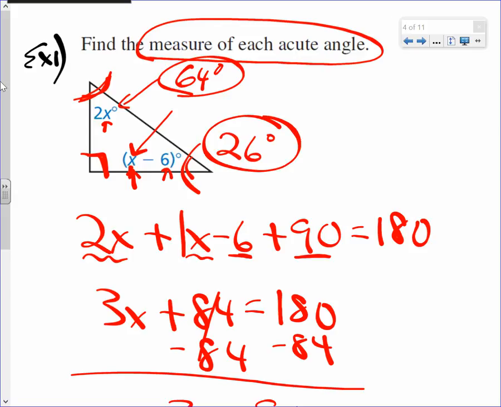Done. So 64, 26, I got both acute angles, mission accomplished. Let's go on to example 2, unless there are any questions. Cool.